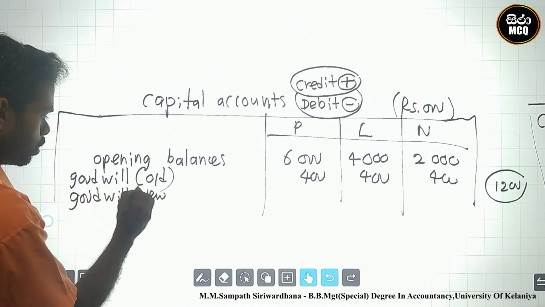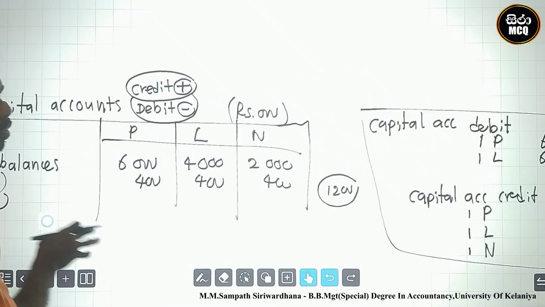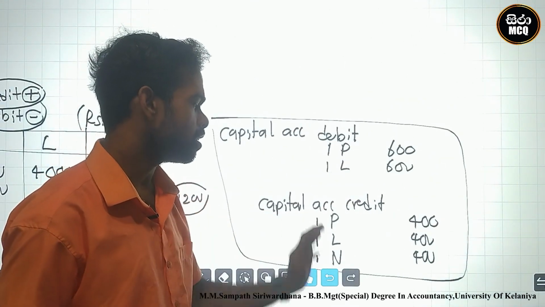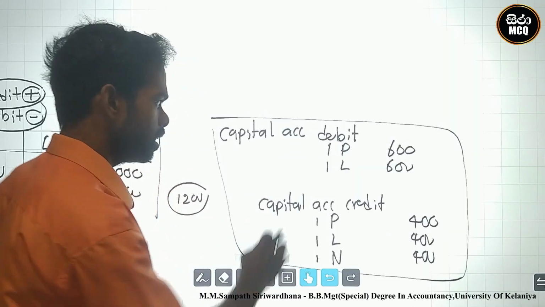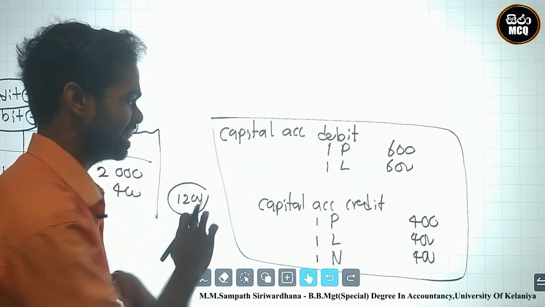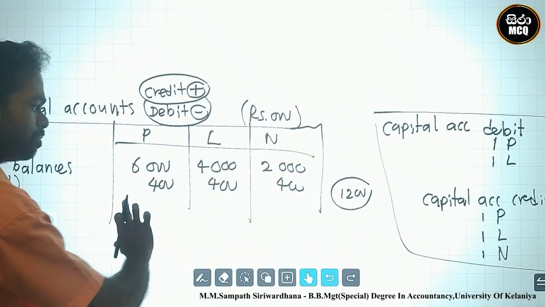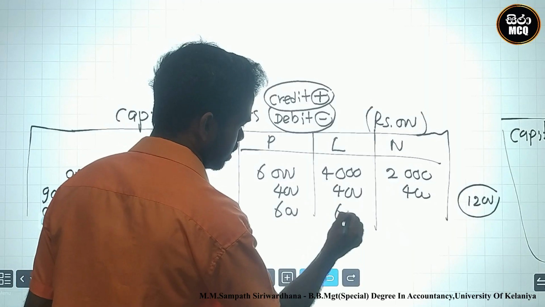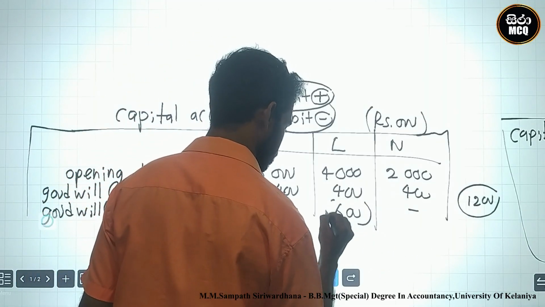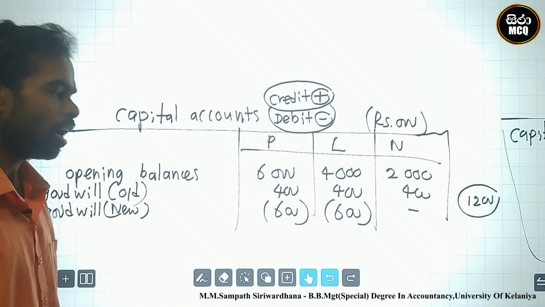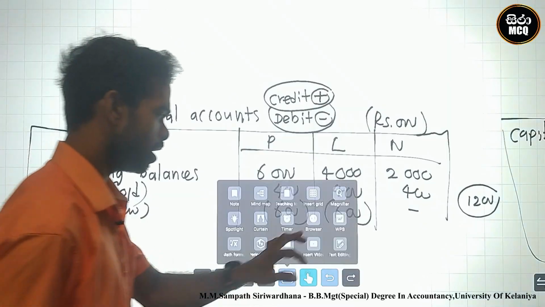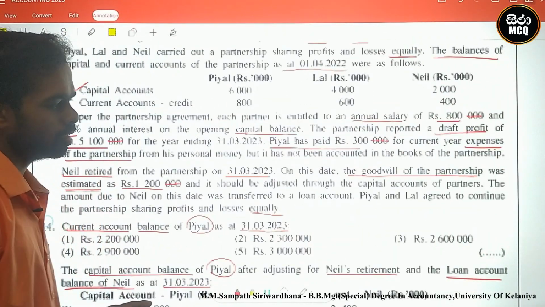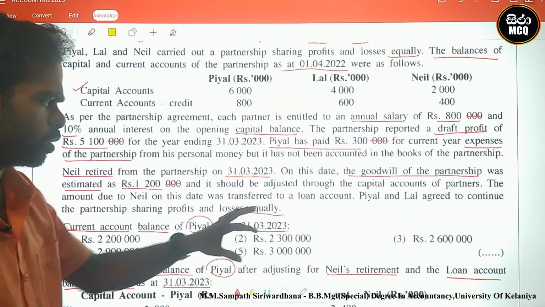New ratio was related to only two partners. New ratio was this one, 600 PL and Lal. Debit, no, we must minus this. Okay, we must minus this 600 and 600 without Neil. After that we can calculate all answers for this question. All are done. Finally we can transfer to the loan account.